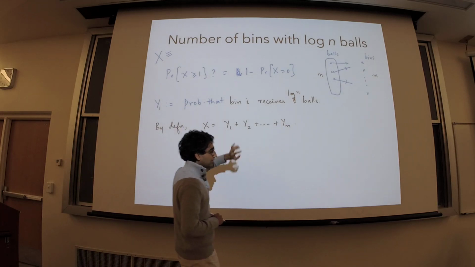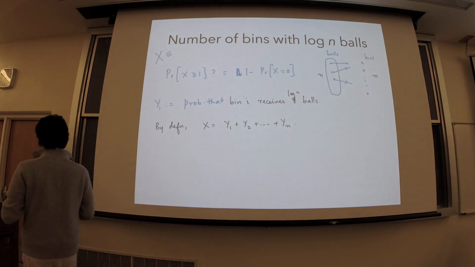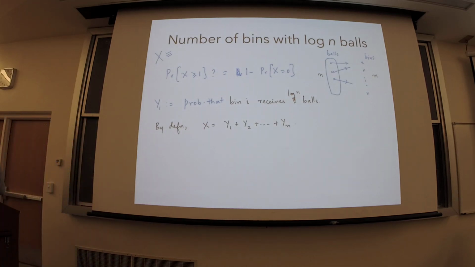Or if you want the complement, the probability that X is bigger than or equal to 1, you can write it as the probability that y1 equals 1, or, this is a symbol for or that most of you have seen.